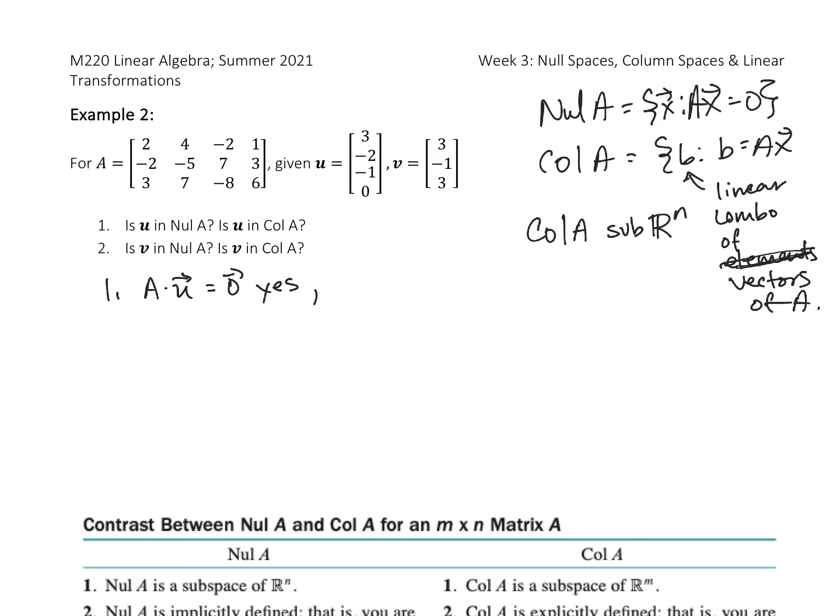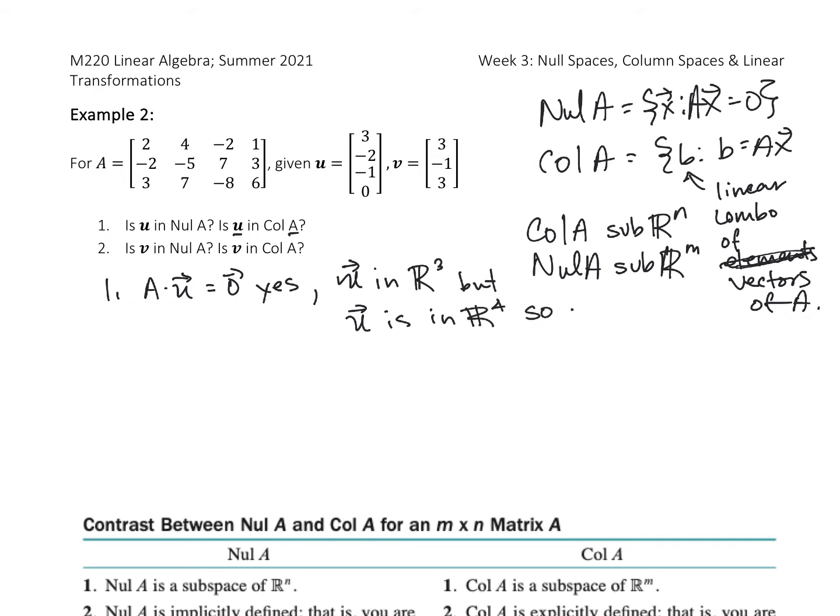R sub N. And the null space is a subspace of R sub M. So that would mean in order for U to be in the column space, U would need to be in R3, but U is in R4, so it's not in the column space of A.